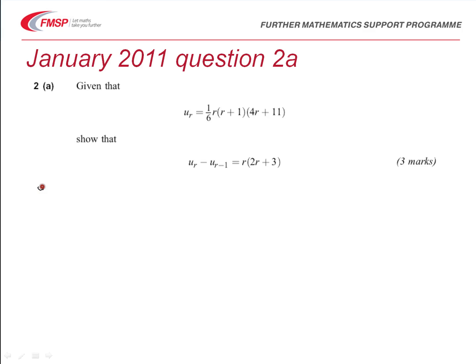Bit of algebra here. So we want UR minus UR minus 1.